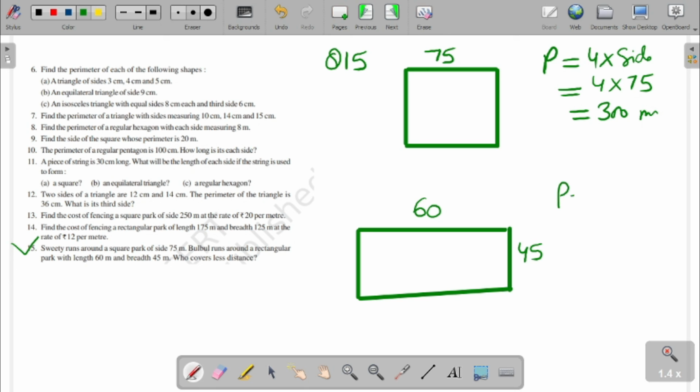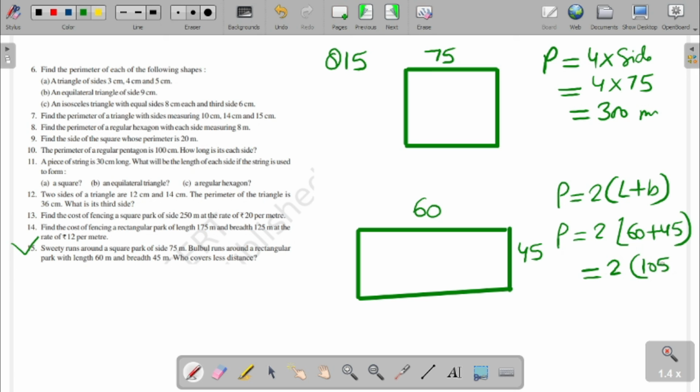In case of a rectangle, it is 2 bracket L plus B. So perimeter is equal to 2, length is 60 and breadth is 45. So if you add them, it will come as 105, or this will come as 210. So perimeter of square is more.